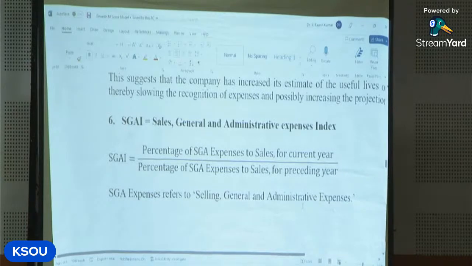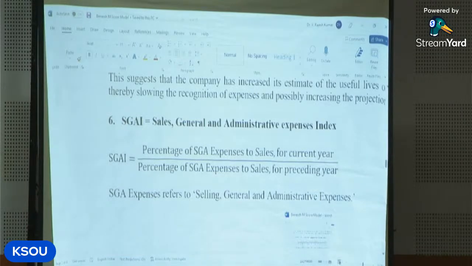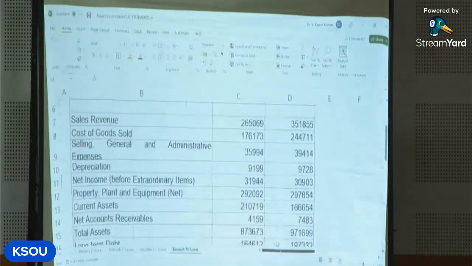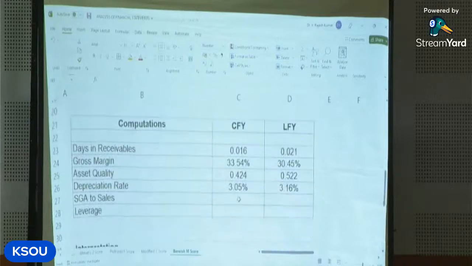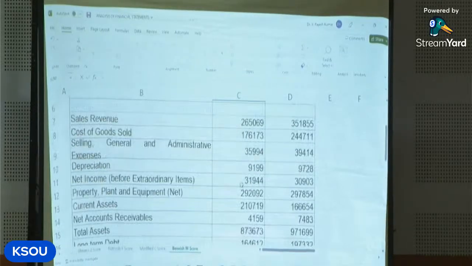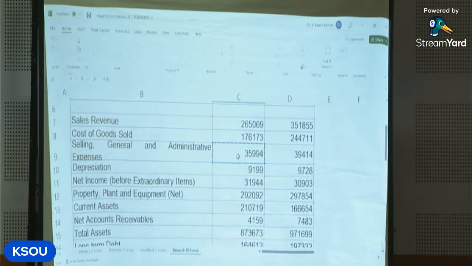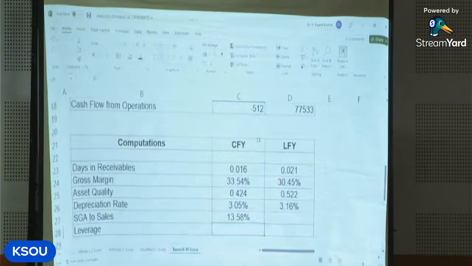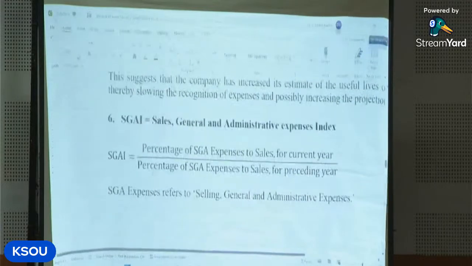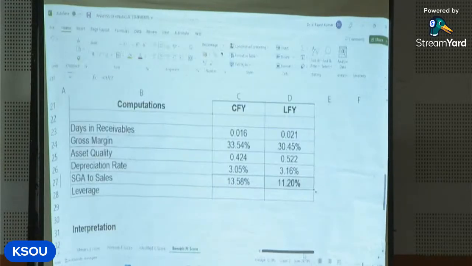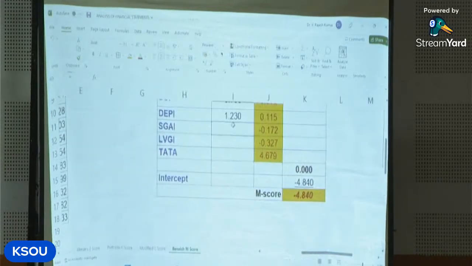Next, simple item. Sales, general and administrative expenses as a percentage on sales. So for current year, last year, divide current year percentage by last year percentage.